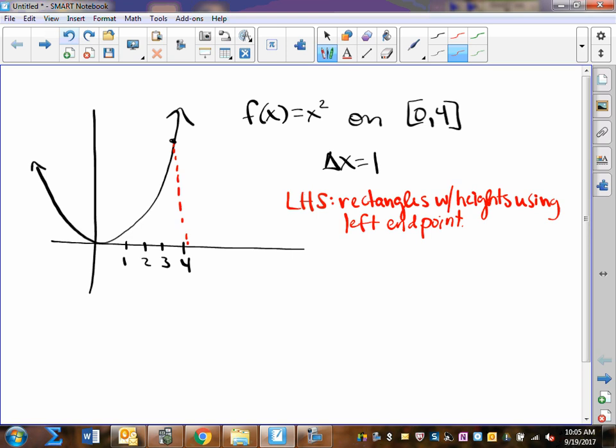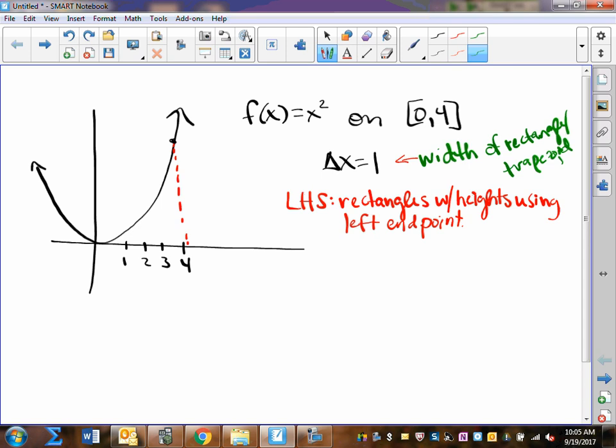Okay, so rectangles with heights at the left endpoint. So what this delta x tells me is my width of the rectangle, or when we get to a trapezoid. So then to find the area of a rectangle, it's length times width or width times height. So we've got our width, but we have to find our height.